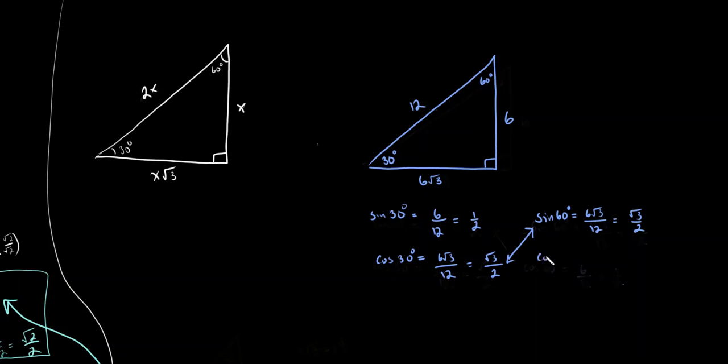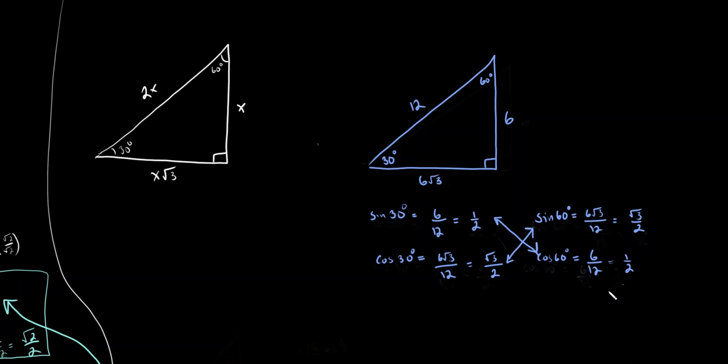And if we did cosine of 60, well, adjacent of 60 is 6. Hypotenuse is 12, which is 1/2. And cosine of 60 and sine of 30 are the same. So there's a nice little relationship there. Cosine of 30 is equivalent to sine of 60, and sine of 30 is equivalent to cosine of 60.